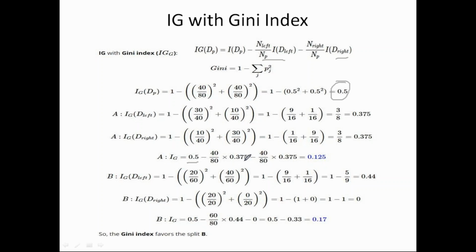Basically, I am subtracting the Gini index of the children from the parent, to come up with a value that I can decide on, whether it is good for a split or not. So this was parent, this was the child, and this was the another child, left, right.